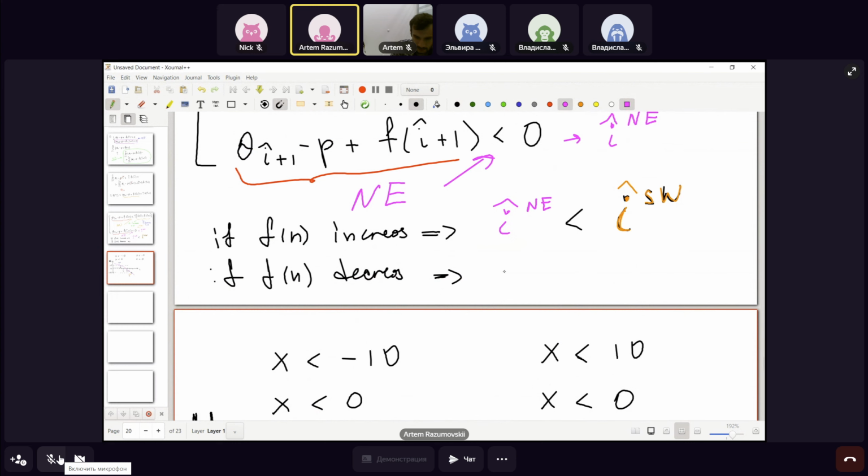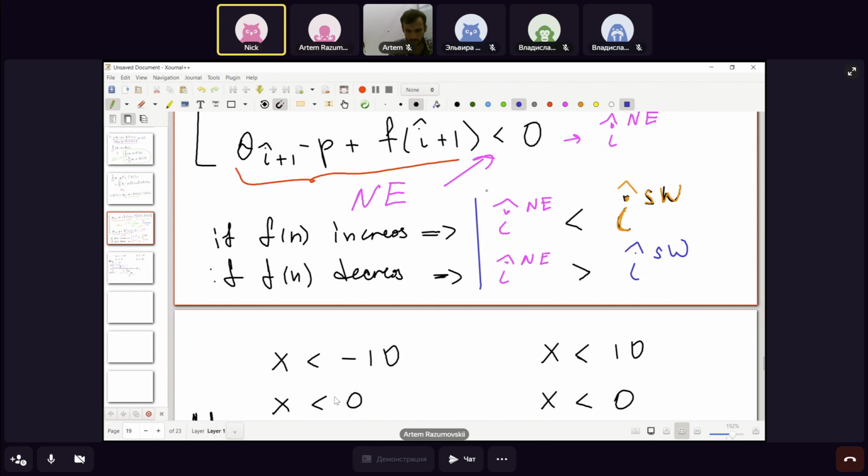So then the Nash equilibrium will be greater than social welfare. Could you please show the last graph?